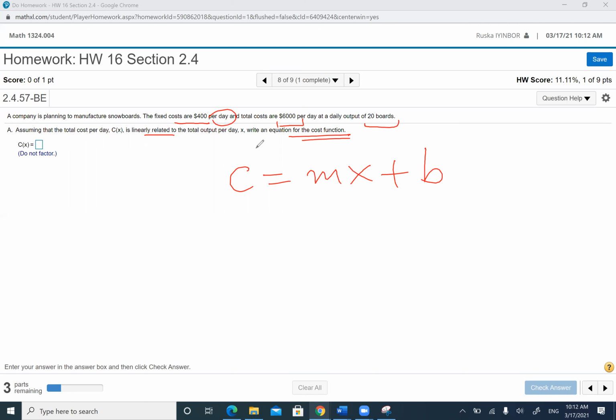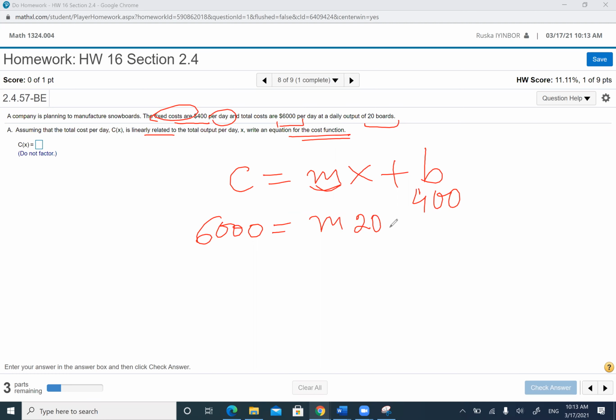b is the fixed cost. So it says fixed cost, so it's going to be 400. And we also need to find the slope using this data. For 20 boards, when x is 20, the total cost is going to be 6,000.